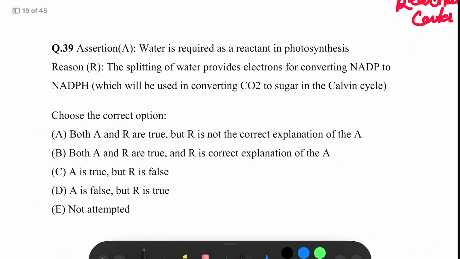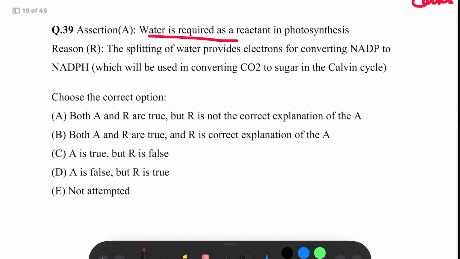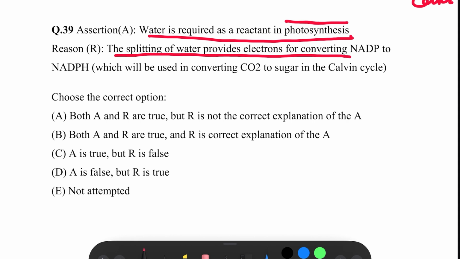question number 39. Water is required as a reactant in photosynthesis. Yes, it is correct. Water is required, as you know, water splitting होती है in photosynthesis में, so it acts as a reactant. The splitting of water provides electrons for converting NADP to NADPH, which will be used to convert CO2 to sugar in the Calvin cycle.